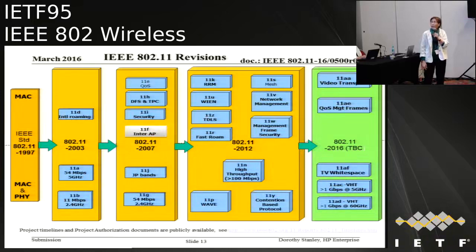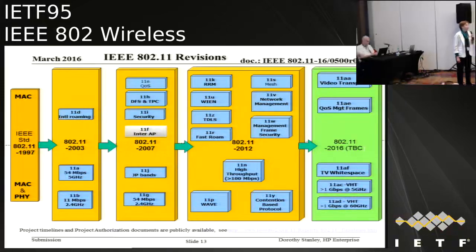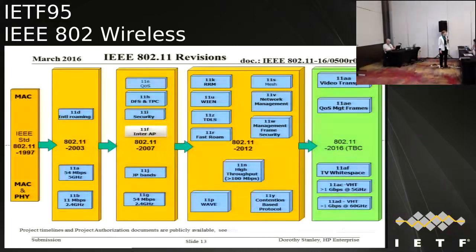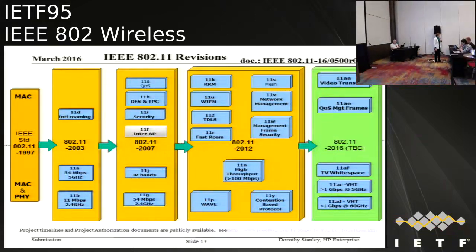Then 2007, which added QoS and security, most notably 11J for the Japanese bands, and 11G for 24 megabits per second in the 2.4 band. Looking back on it, 2007 seemed complex at the time, but now it seems pretty simple.